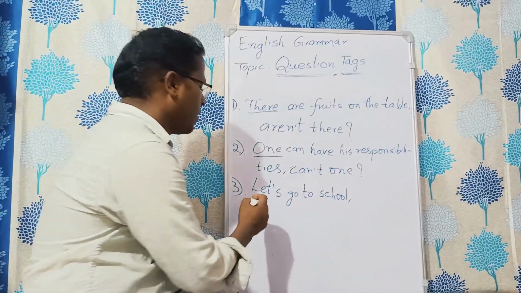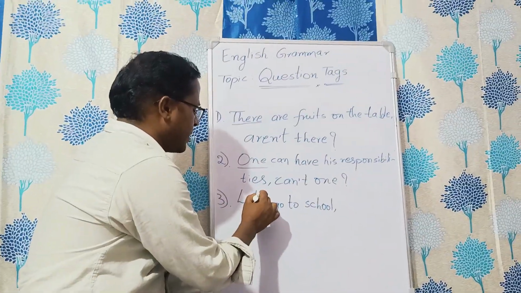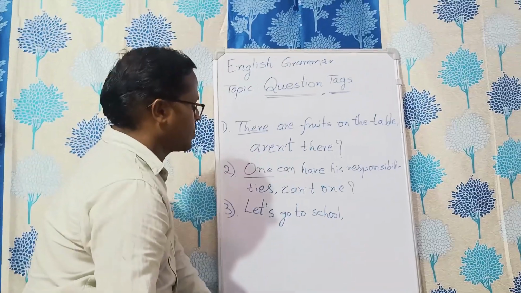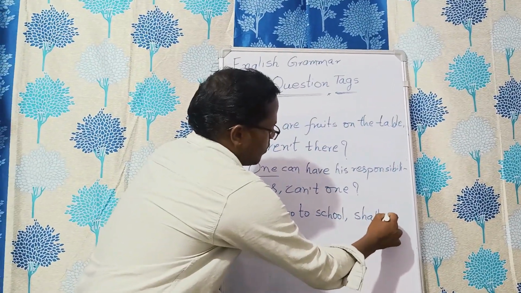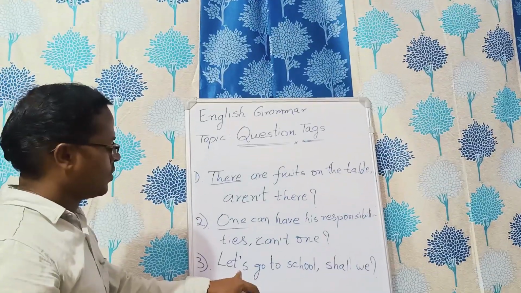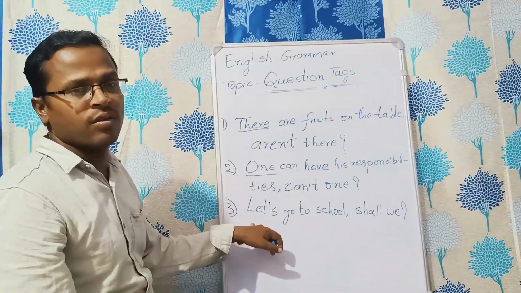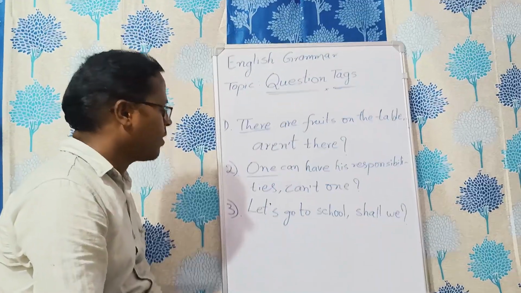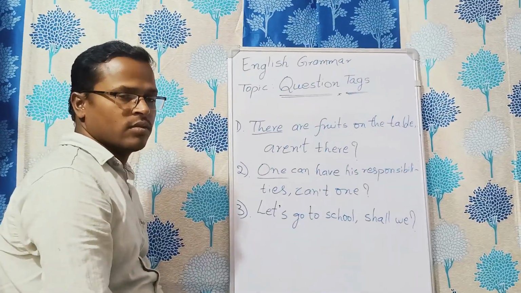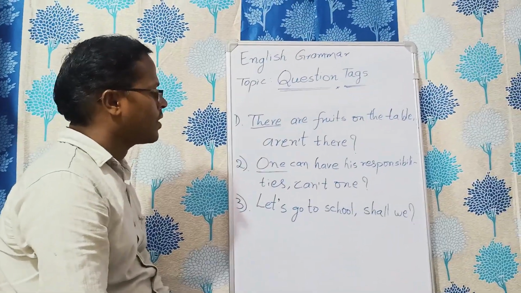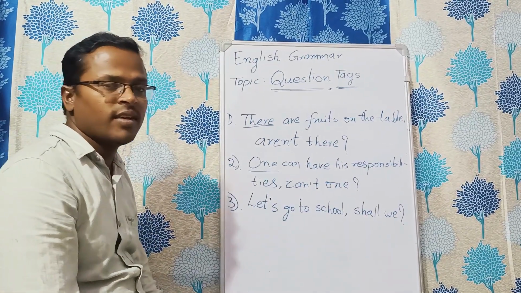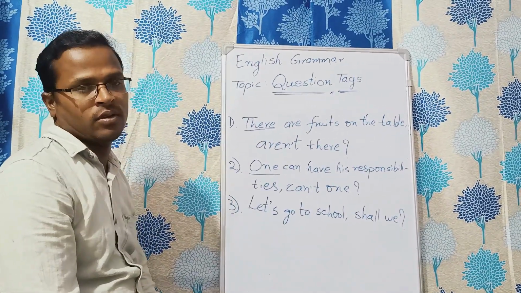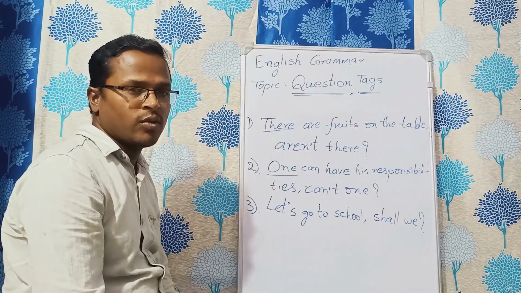When we have to use let's, we have to use let's go, shall we, because here let's is the short form of let us. So this is what we have discussed in depth about question tags today. Thank you for listening.